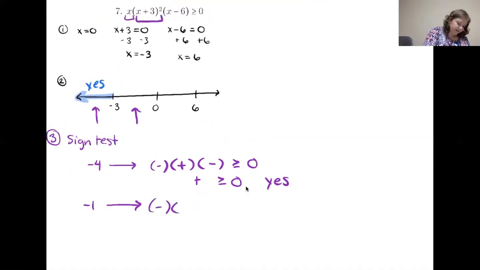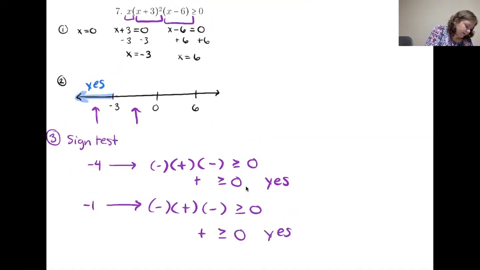Anything squared is positive, so the next term is positive. -1 minus 6 is negative. And we say, is it greater than or equal to 0? Negative times positive times negative is positive, which is greater than or equal to 0. So yes for that one. And we will shade this second interval too.